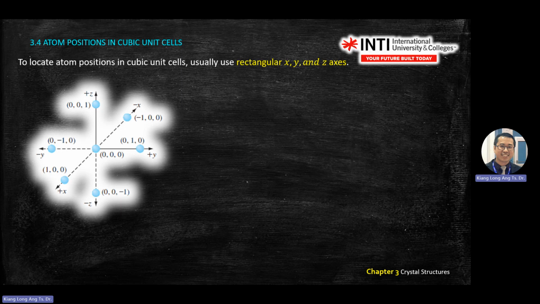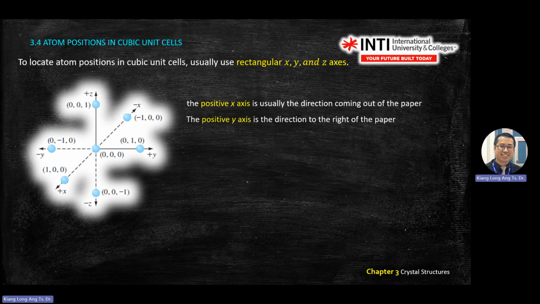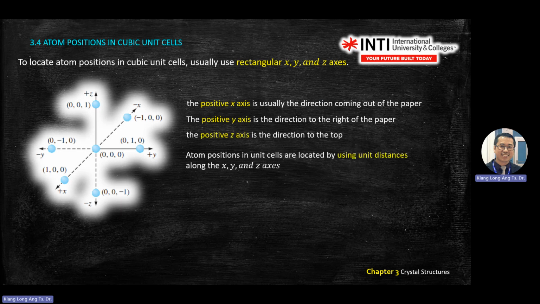This assumes that you are moving 1 unit from the center, the origin. Normally, x will be pointing out of the paper, y will be to the right of the paper, and z will be going up the paper.